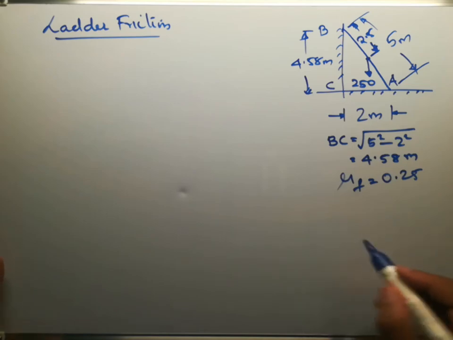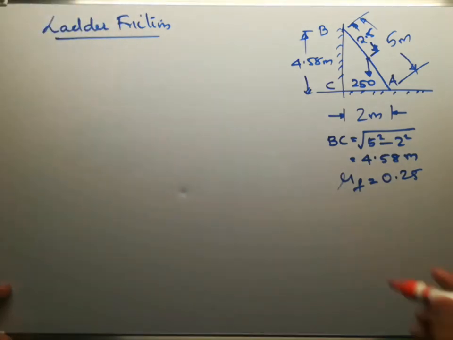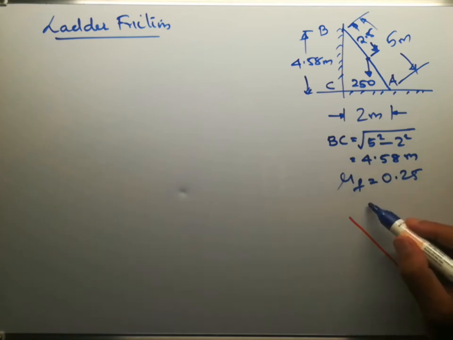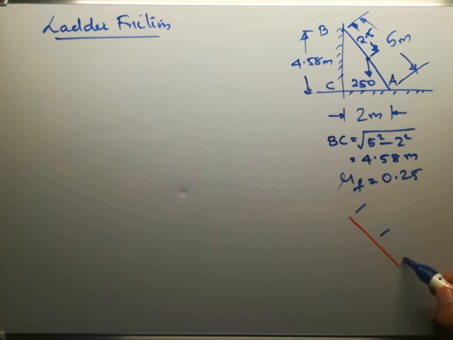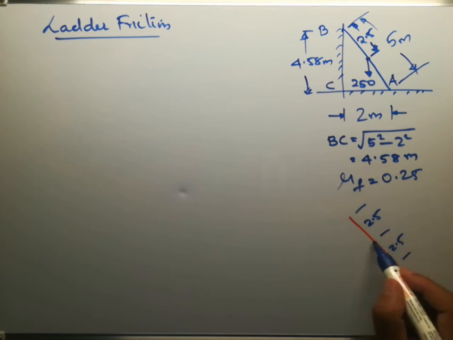So let us draw the free body diagram of the ladder first. This is the ladder, and these are 2.5 meters, 2.5 meters. This is the weight, 250 Newton acting vertically downwards. This is RF.